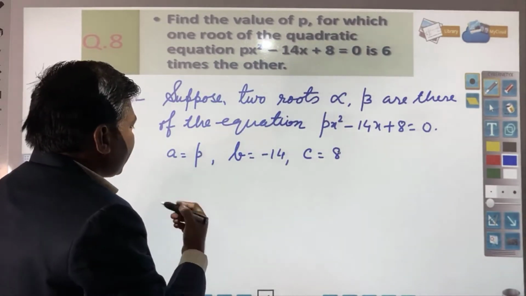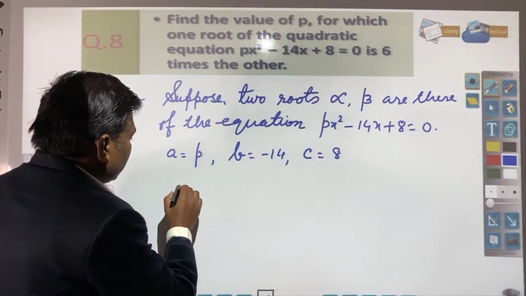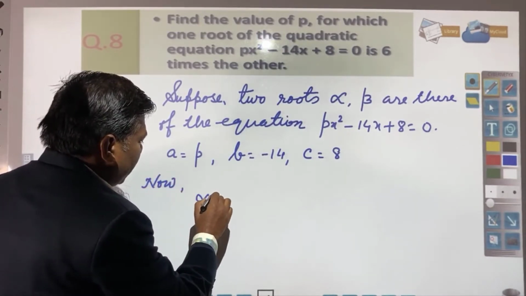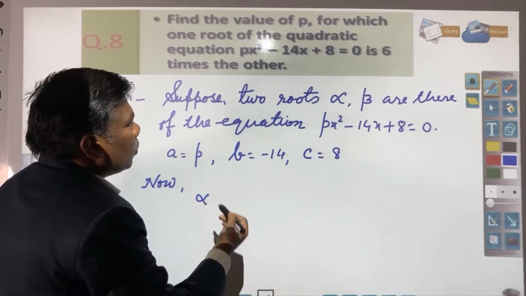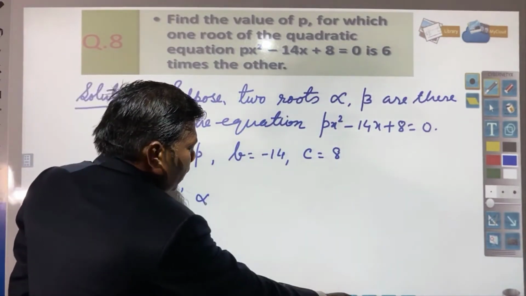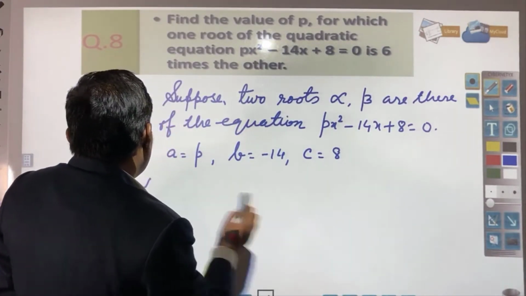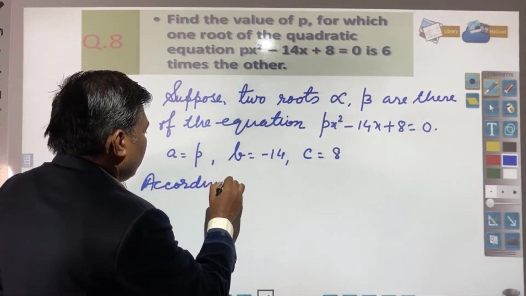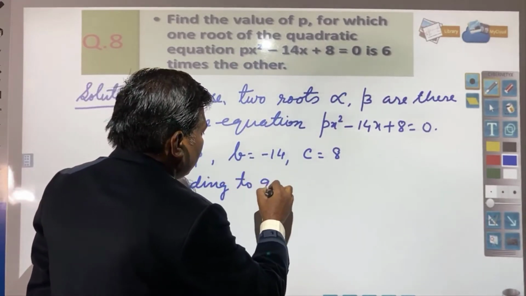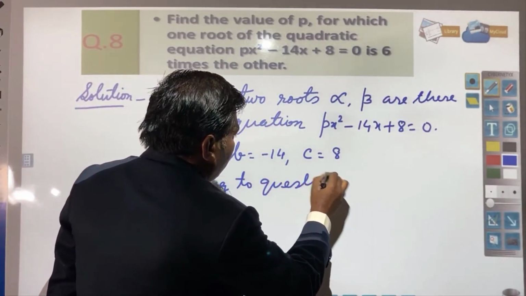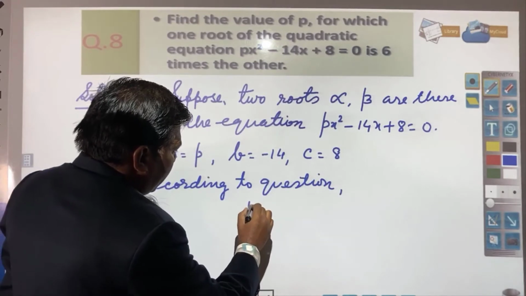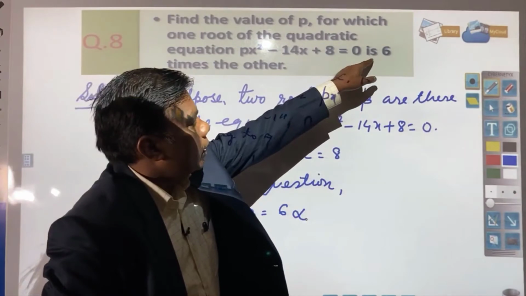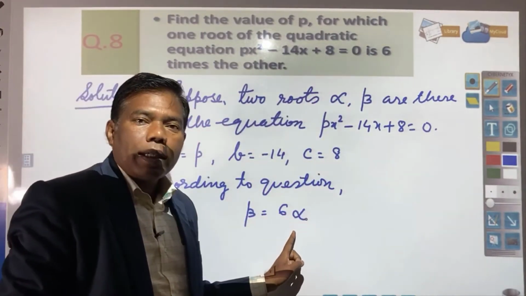As we know, the sum of the roots means alpha plus beta. Before that, write down the condition given in the question: beta is equal to 6 alpha, 6 times.